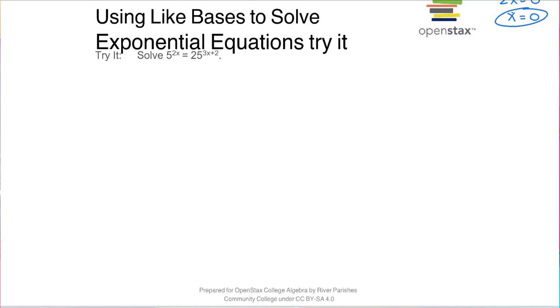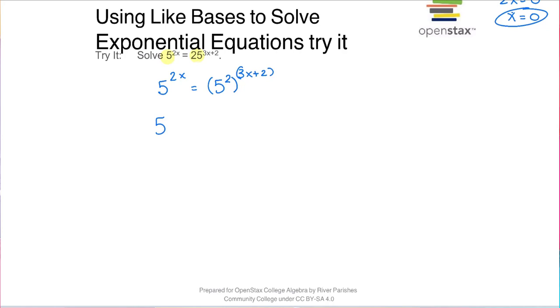Okay, so 5 and 25. They are both powers of 5. So 5 is already 5. 25 to the 3x plus 2 is really 5 squared to the 3x plus 2.